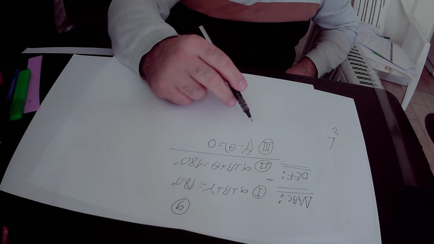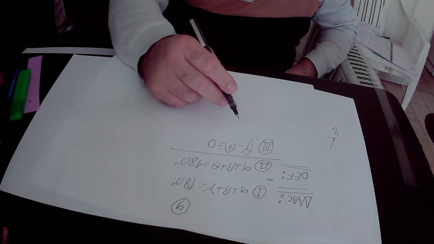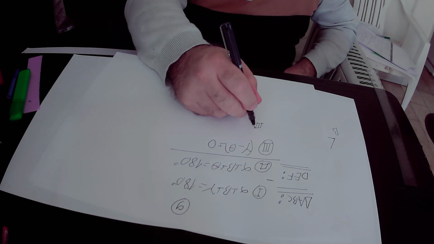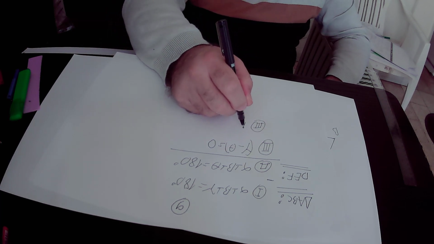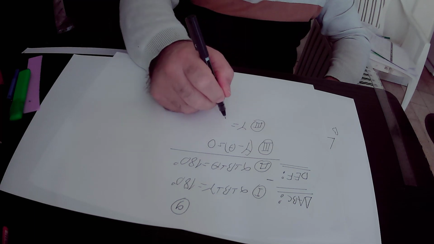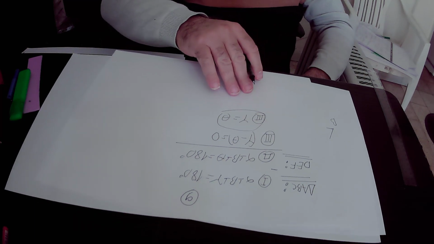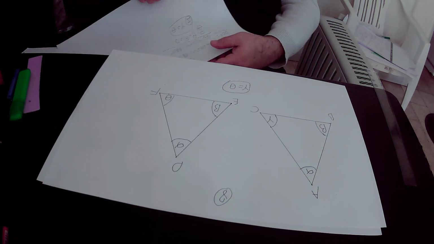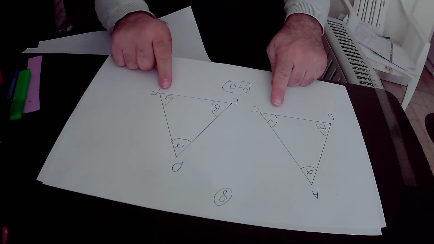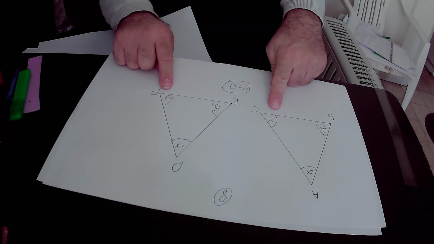So we will add theta to equation number 3, and we will get that angle gamma equals angle theta. So we actually proved what we wanted to prove.